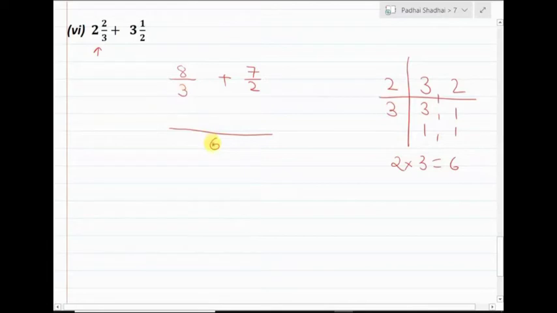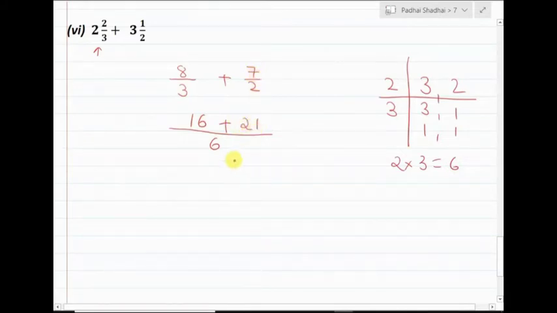Dividing 6 by 3, we will get the answer 2. Multiplying 2 to the numerator, that is 8, 8 2s are 16. Similarly, in the next one, dividing 6 by 2, we will get 3, and multiplying 3 to the numerator, that is 3 7s are 21.